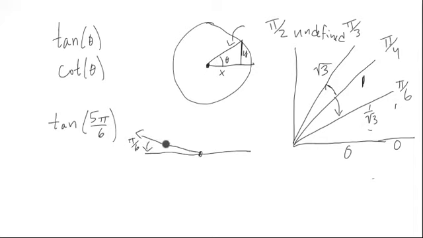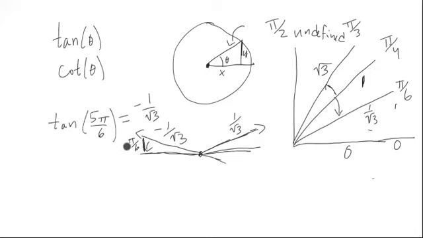Okay, so by symmetry, we could think over here, this one is the smaller one, which has a slope of 1 over root 3. This is just the negative of that slope. If you look at it by symmetry, you just changed your x to be a negative, it just changes the sign of the slope. So this would be negative 1 over root 3. So tangent of 5 pi 6 is negative 1 over root 3.